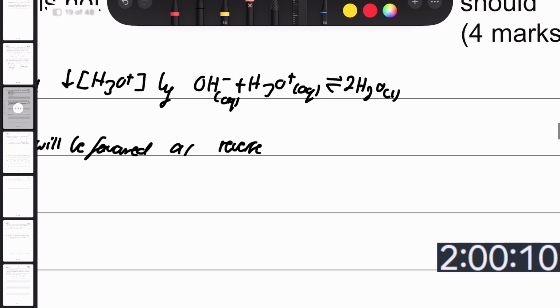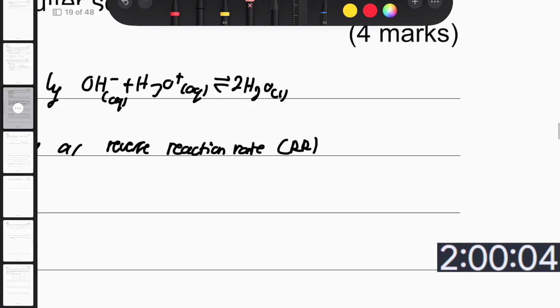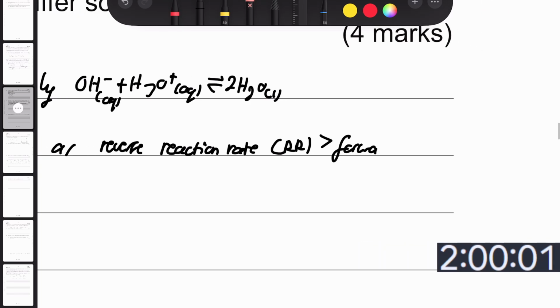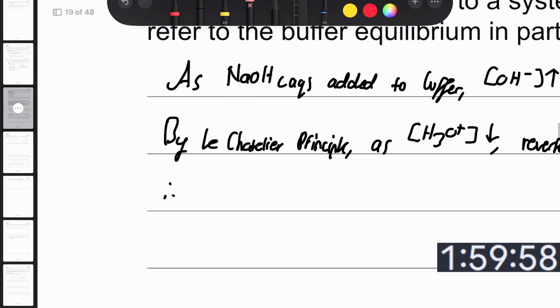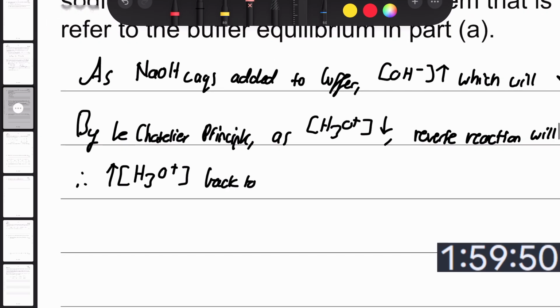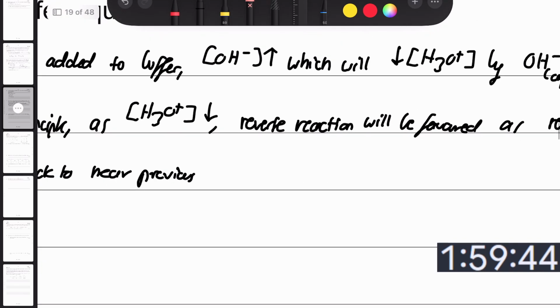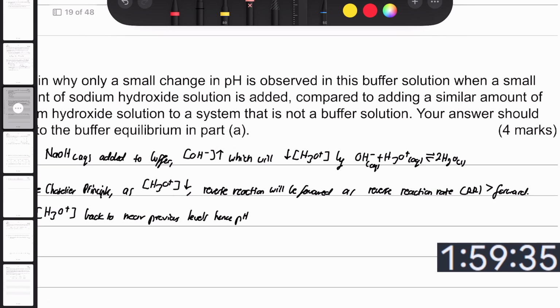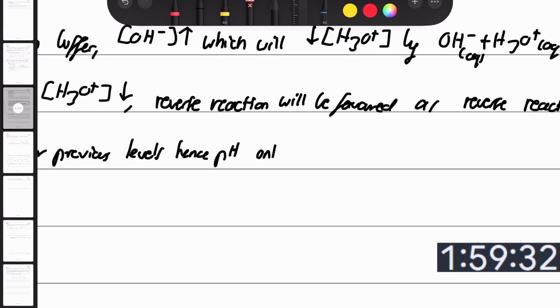As the reverse reaction rate will be greater than forward, therefore it will increase H3O plus back to near previous levels, hence pH only changes a small amount, has a small change.